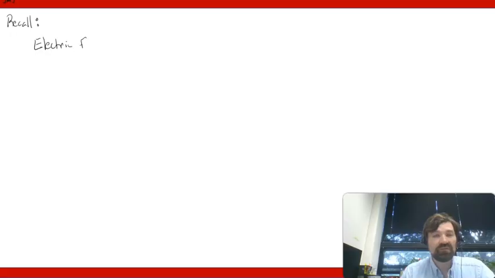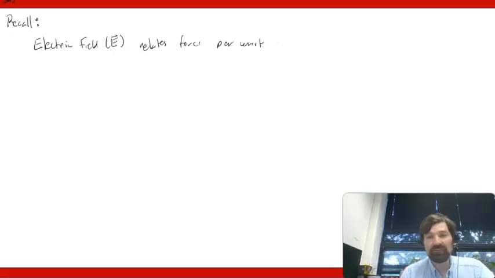Well, electric field, often represented by a vector E, relates force per unit charge due to the presence of other charges everywhere in space. So in some sense we might write that the force acting on little q charge is Q times E.